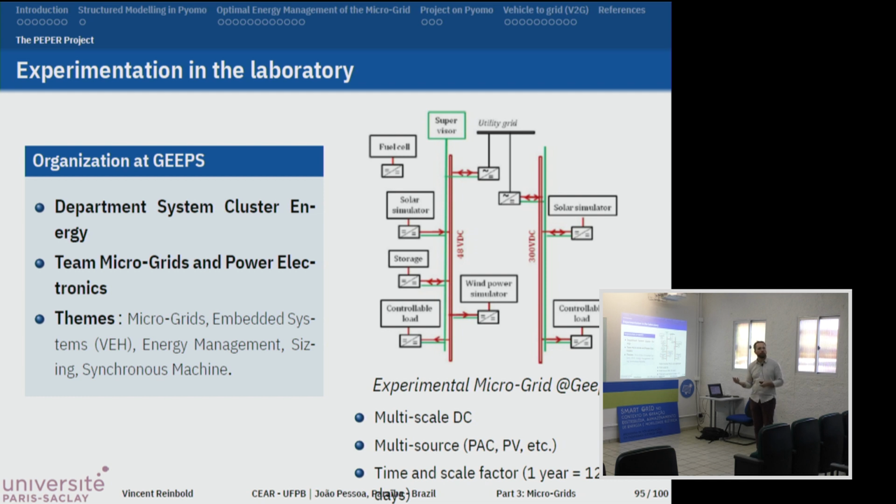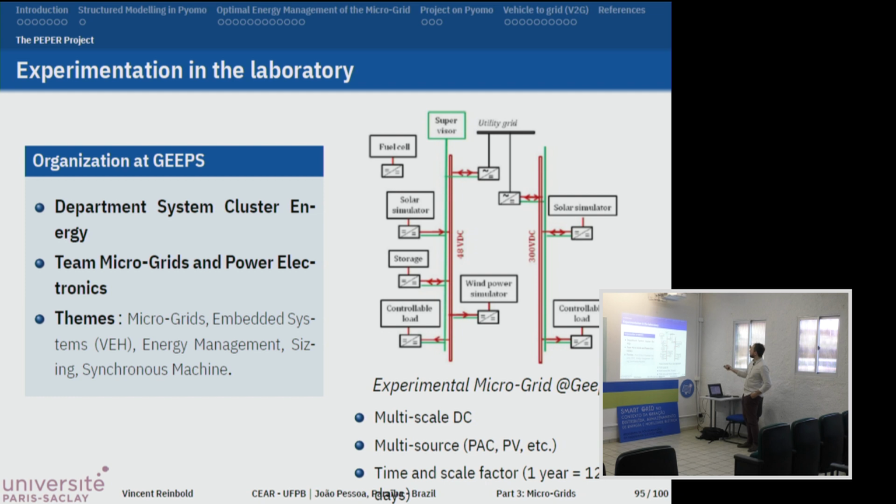So we will be able to actually compare optimization methods and reinforcement learning methods. And this can only be done in the laboratory because we are in charge of the solar and wind, and in nature we are not in charge of it.